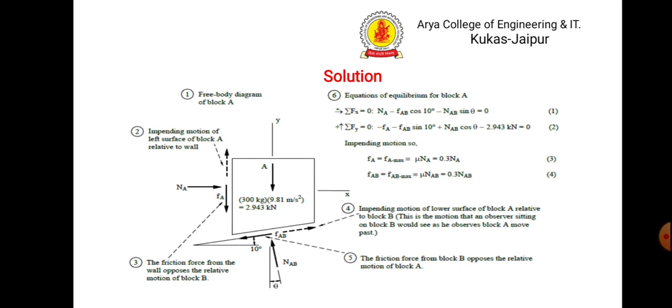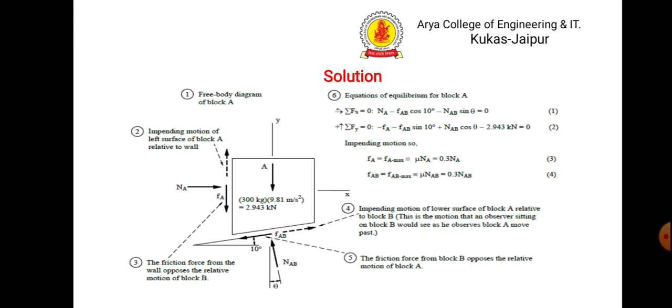Now the equation of equilibrium for block A: summation of Fx equals 0, it will be Na minus Fab cos 10. We have resolved the force Fab in the horizontal and vertical directions, horizontal being leftward and vertical being downward. We have taken forces towards the right hand side as positive.